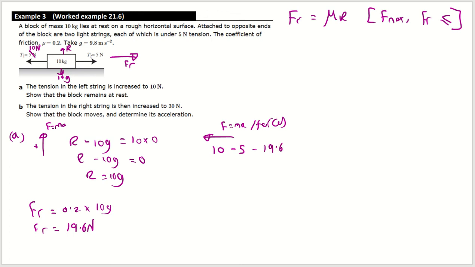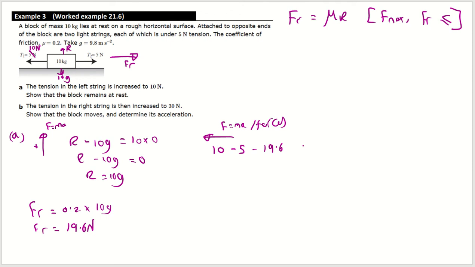Now, because this is a frictional force, so the 10 minus 5, if we didn't have the friction, this object would be accelerating left. And if this was a force going to the right that was something other than friction, so an active pulling force or a pushing force, this would then be either accelerating to the right or decelerating to the left. But because it's a frictional force, this force can only stop things happening. It can't actively accelerate or move things the other direction.